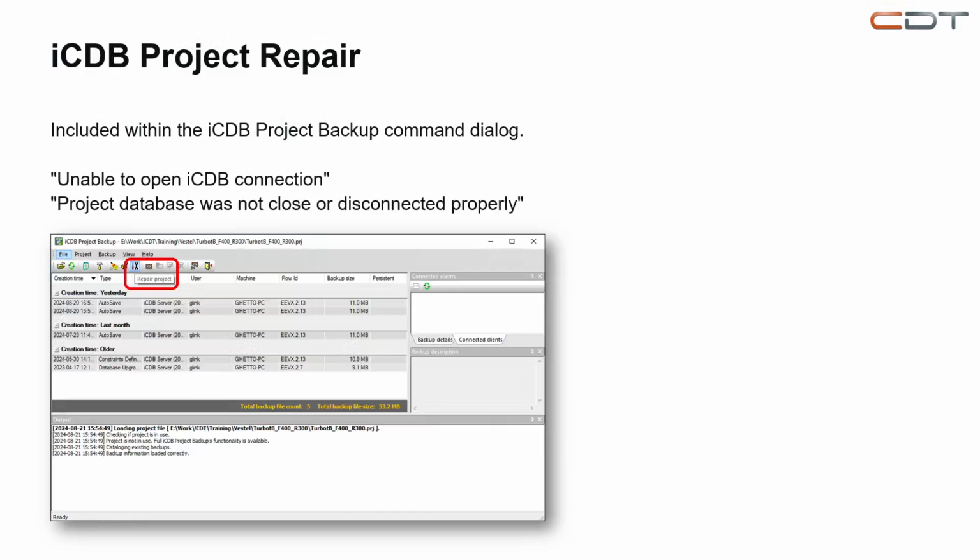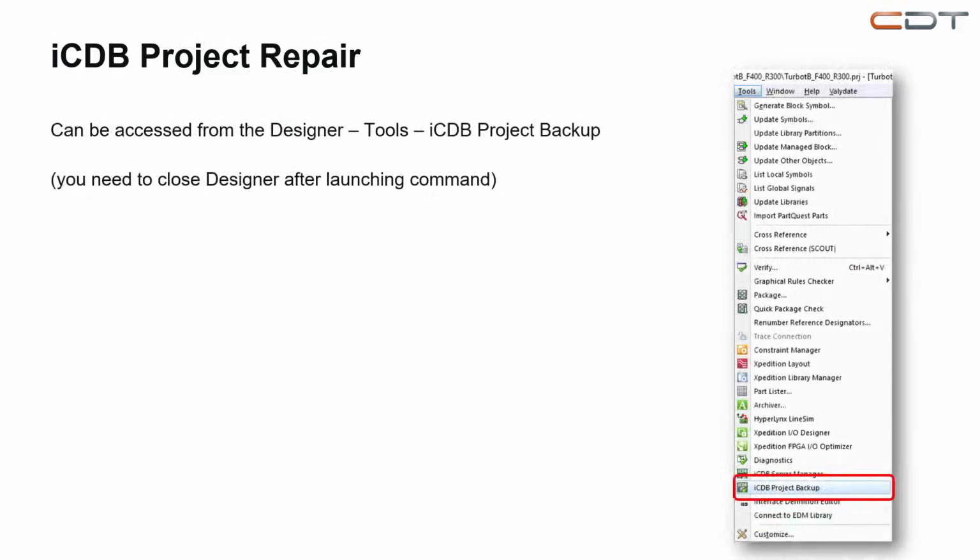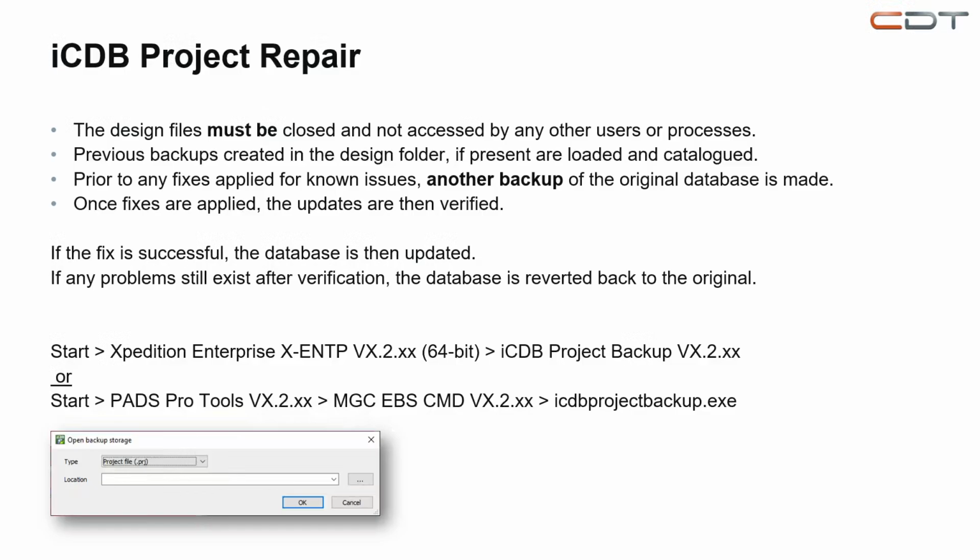You can run this utility from Designer, Tools iCDB project backup, and you need to close Designer after launching this command, because all design files must be closed and not accessed by any other users or processes.